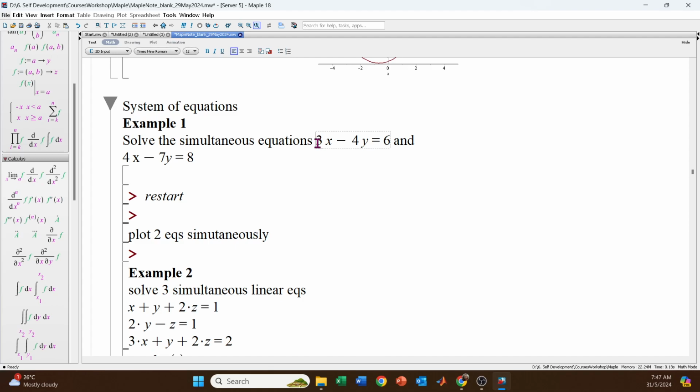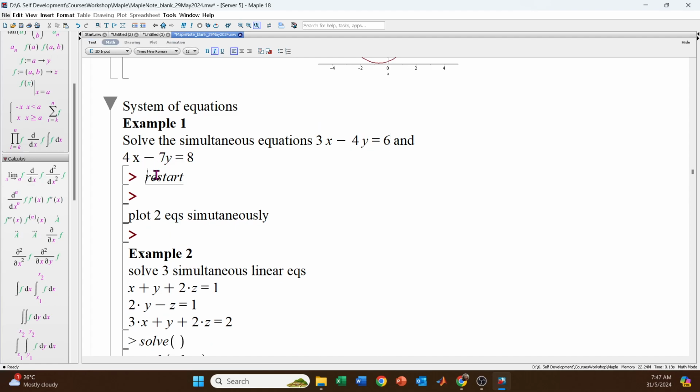We can solve a system of equations. For example, you want to solve 2 simultaneous equations, 3x minus 4y equal to 6 and 4x minus 7y equal to 8. This one, if I do, I delete. Can restart to clear out all the memory. Solve.